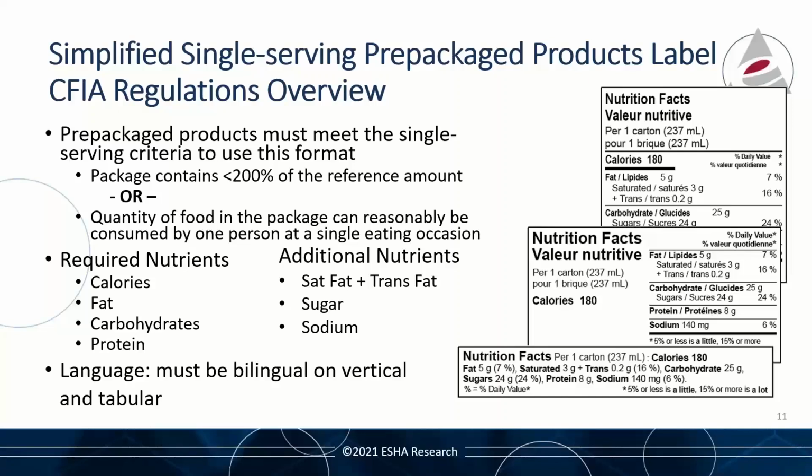So again, you use the simplified label, but these types of nutrients are occurring in the product intentionally added, then those must be declared on the label. And there is a way to adjust this label to manually select those. This label is bilingual for the vertical and the tabular formats, and it's unilingual for the linear format.